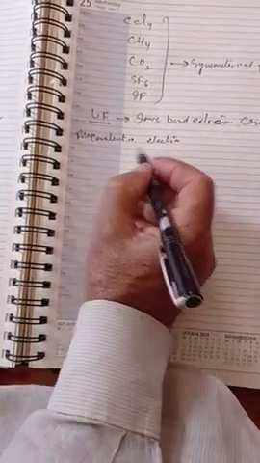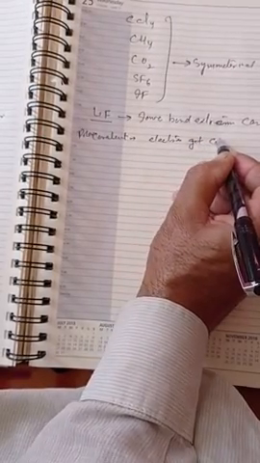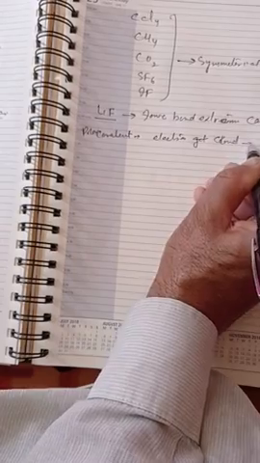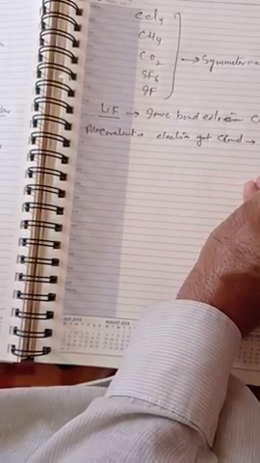In case of polar covalent bond, the electron pair, that is, the electron cloud, gets distorted and is attracted more by the atom which has more electronegativity.